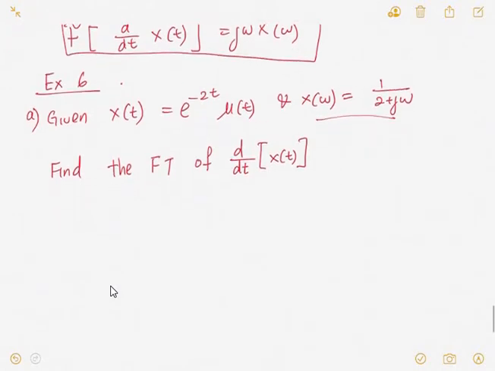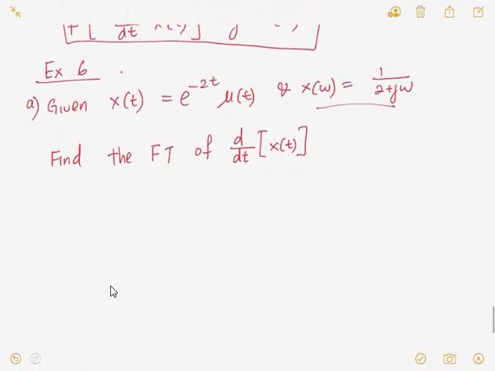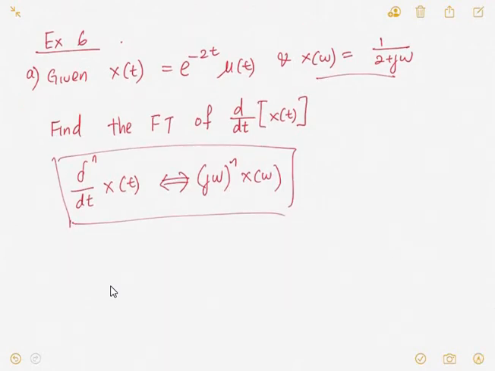As per the time differentiation property, you have the formula like this: d^n over dt^n x(t) is equivalent to (j omega) to the power of n times X(omega). Now, d over dt means that the order of the differentiation is 1, so n is equal to 1.